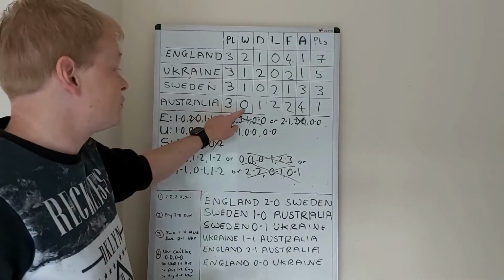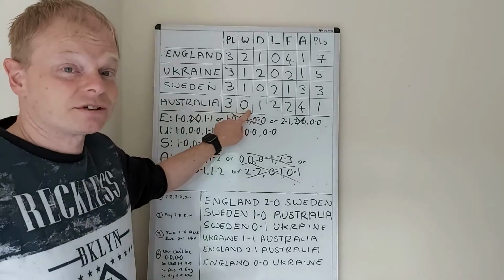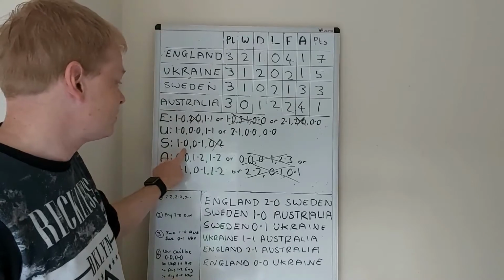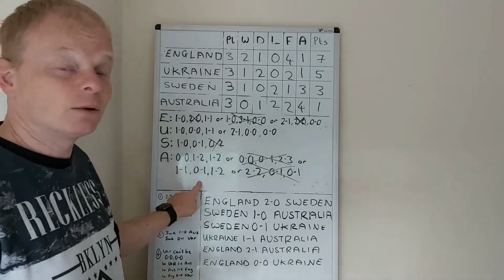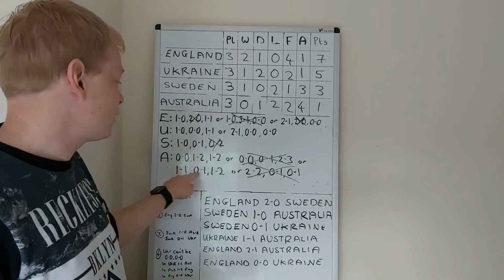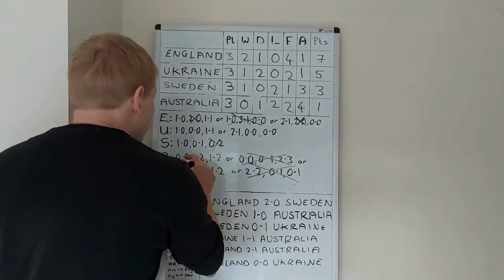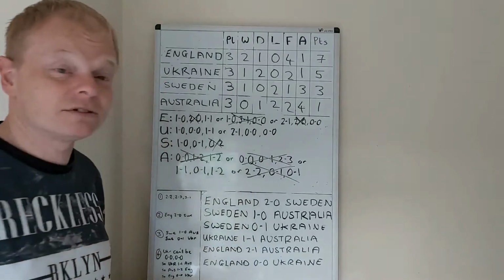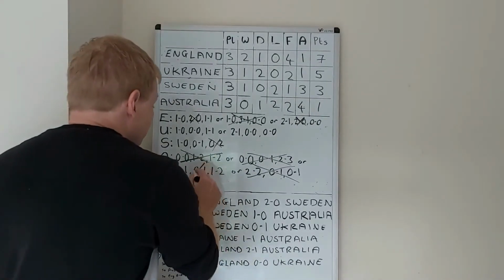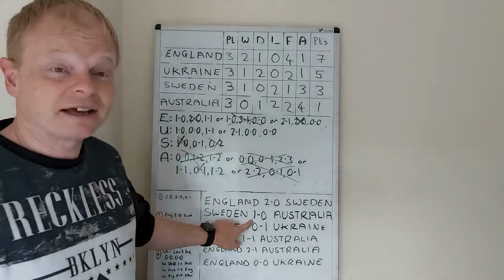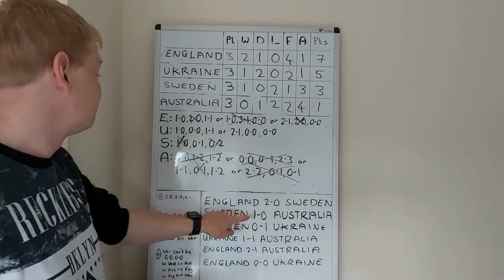We know Australia didn't win a match, so they must have lost to Sweden. So it must have been 1-0 to Sweden, and 0-1 for Australia as one of their results. We know there isn't a 0-1 there, so this is great. This means we can get rid of that set of results, and we know 0-1 matches with 1-0 for Sweden's results. Again, we can write that in there. So Sweden 1, Australia 0.